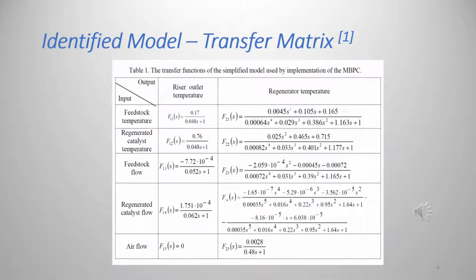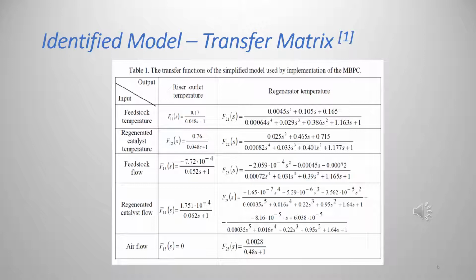The outputs are riser outlet temperature, which is mainly the operating temperature of the reactor, and also regenerator temperature, which is controlled mainly by the airflow, and also other variables because there are some interactions. The regenerator temperature indicates how the catalyst regeneration operates.